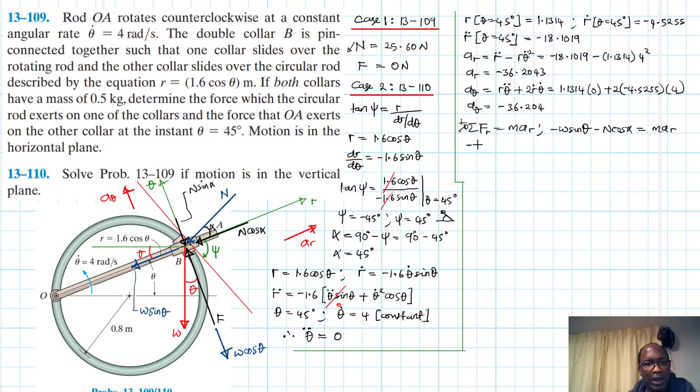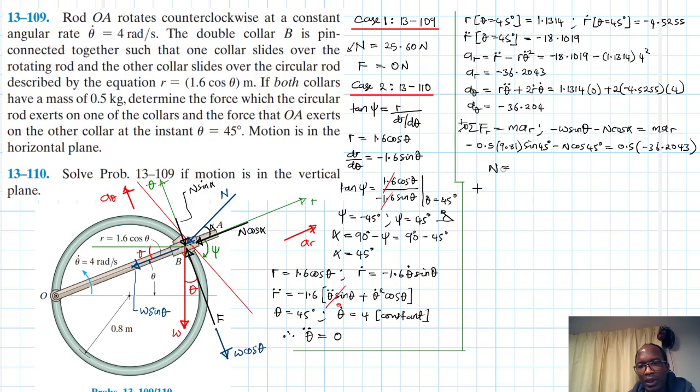So this is minus our mass for the collar, which is 0.5, times 9.81 sine 45, minus N cos 45, equal to 0.5 times a_r, which is minus 36.2043.